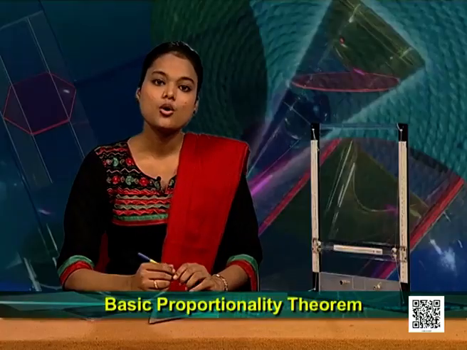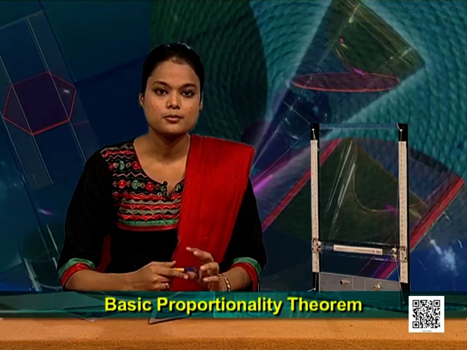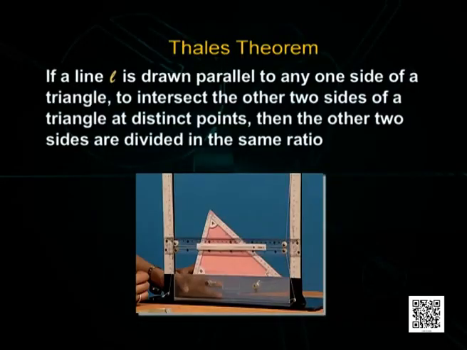Now students, what do you mean by Basic Proportionality Theorem? Basic Proportionality Theorem states that if a line L is parallel to any one side of a triangle to intersect the other two sides of a triangle at distinct points, then the other two sides are divided in the same ratio.